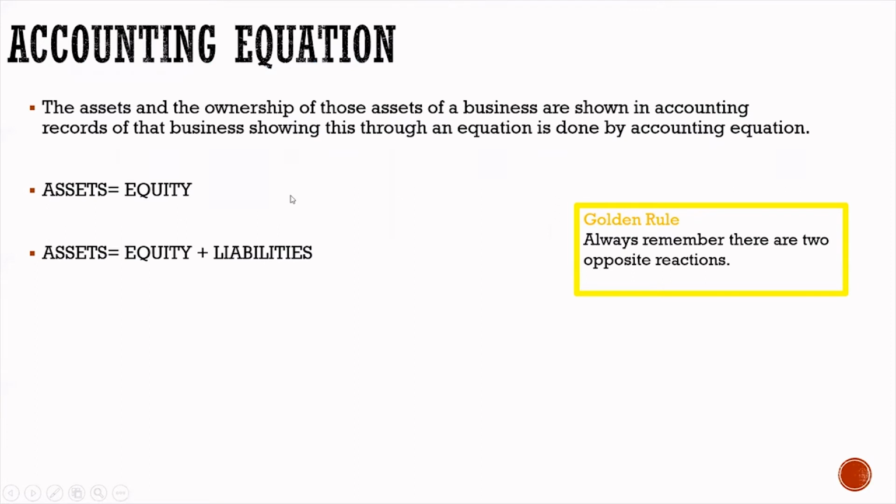So what is the accounting equation about? It is about the assets and the ownership of those assets. The accounting equation will show you the assets and to whom the assets belong to, right? Simply, if the owner is the only person contributing to the assets, assets will equal the equity.